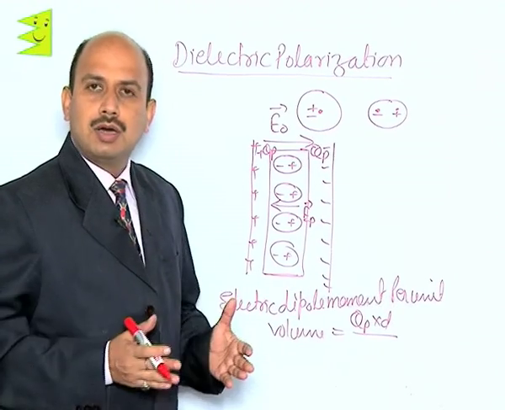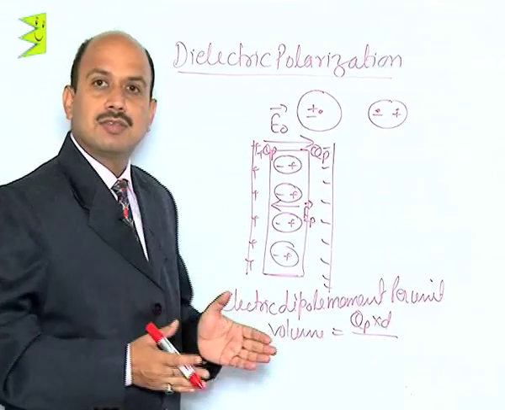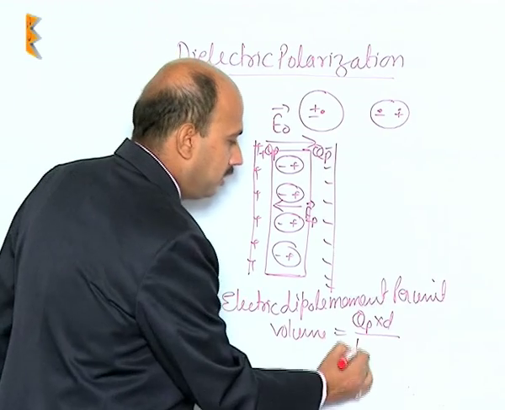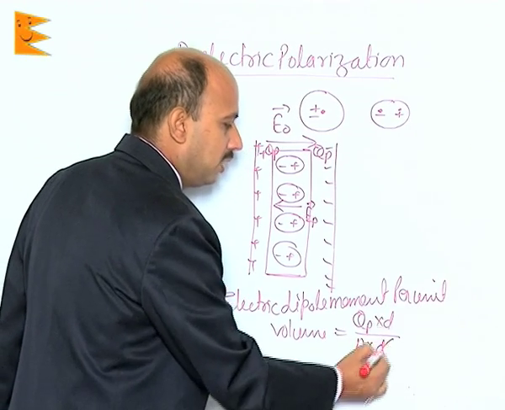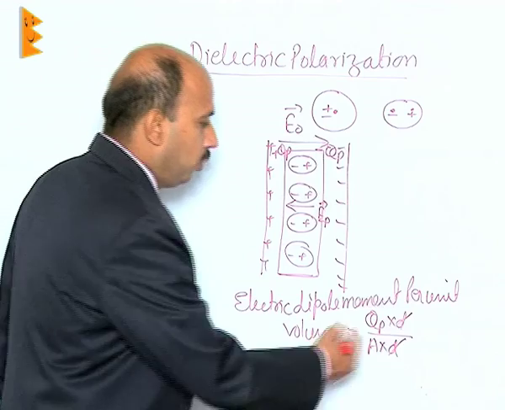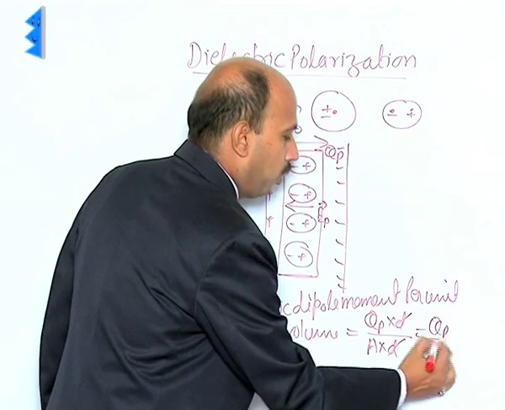I am assuming the whole dielectric behaves as a dipole, and the volume is area into D, so this D will get cancelled. So you will be getting QP upon A.